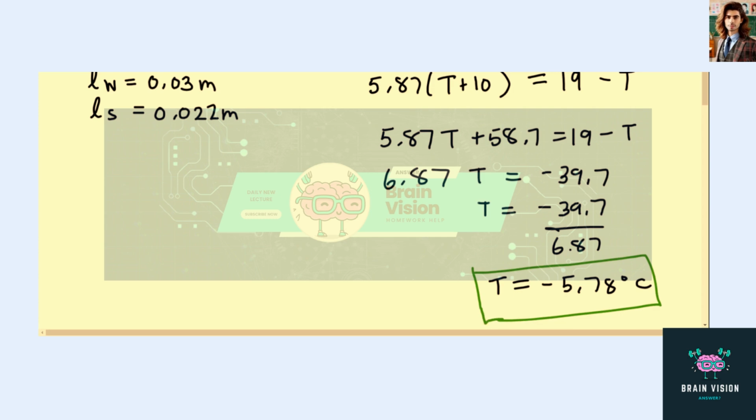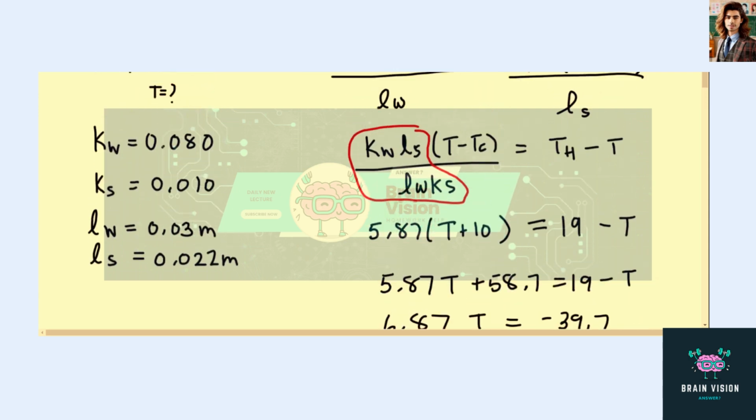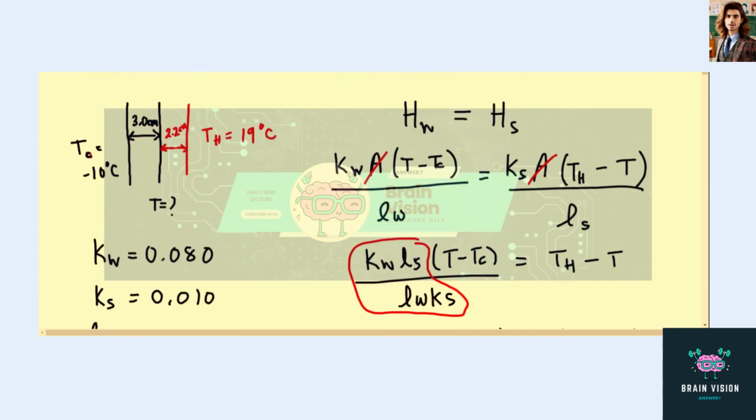In part B, we're asked to calculate the rate of heat flow per square meter through the wall. We're pretty well set up to do that, because that's just asking us to calculate HW or HS per square meter. You can use either side of the equation here.